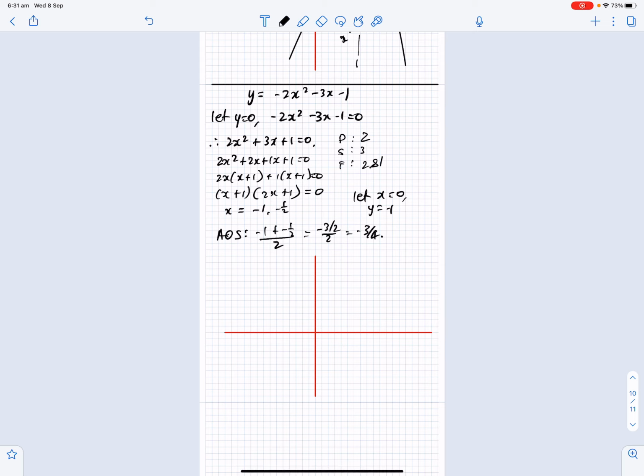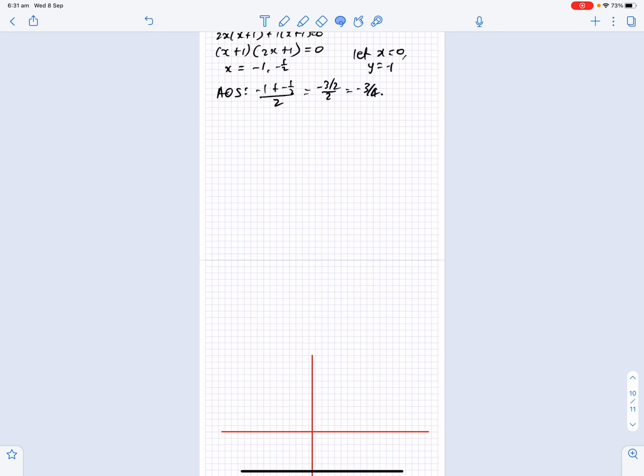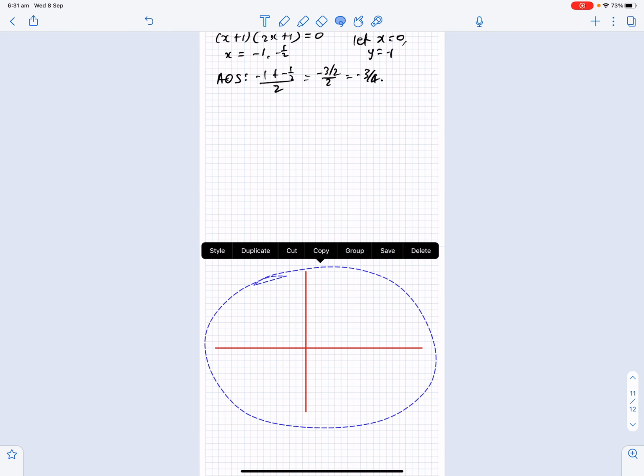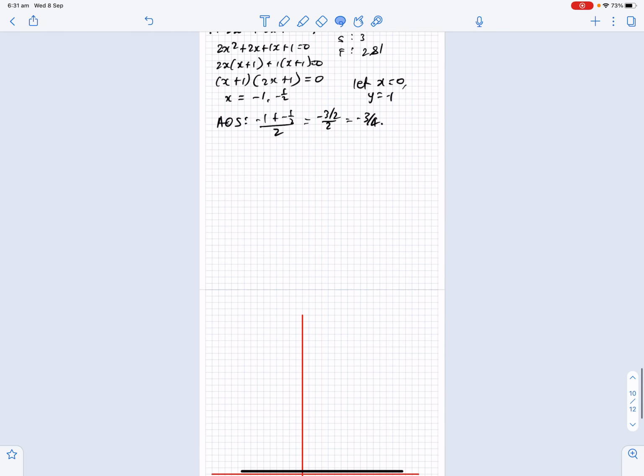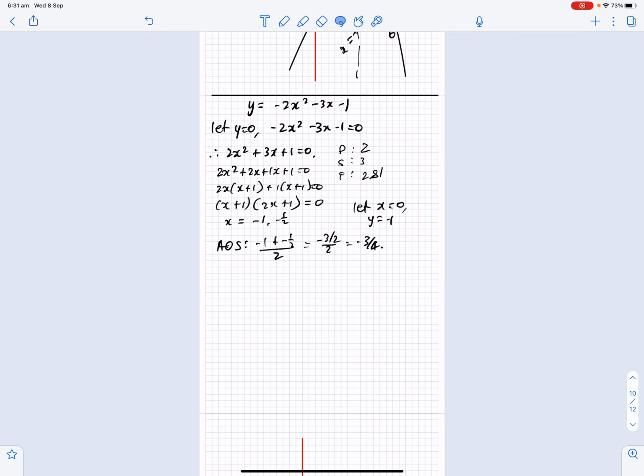Okay. What I might do is I might just grab this and move it down here. Make the diagram a little bit bigger.